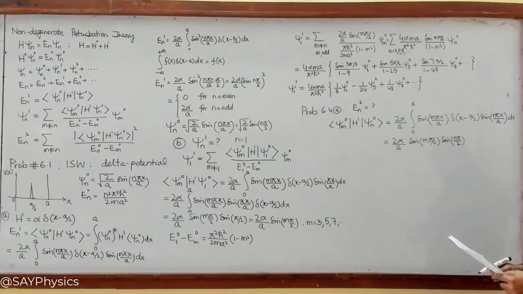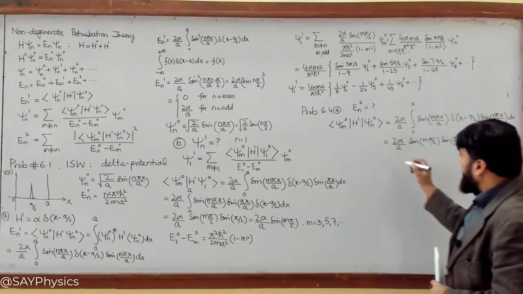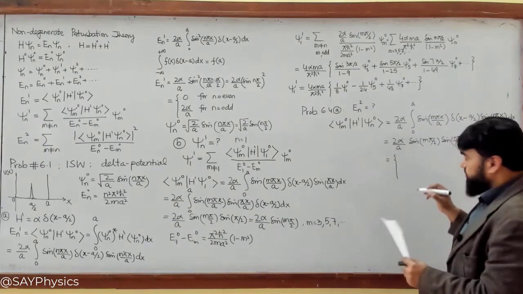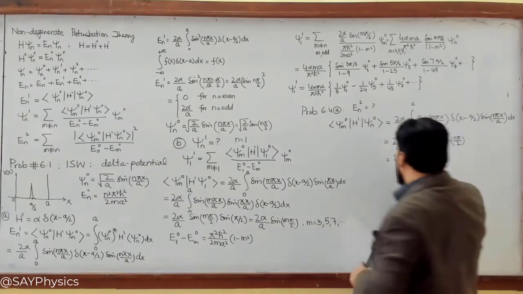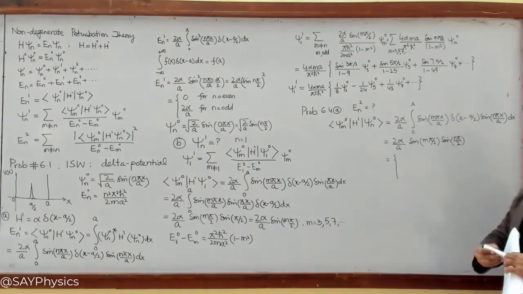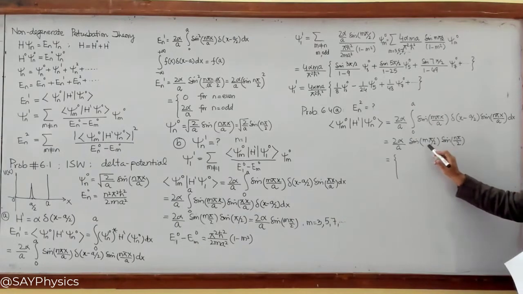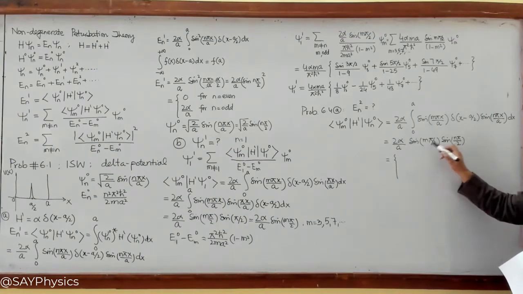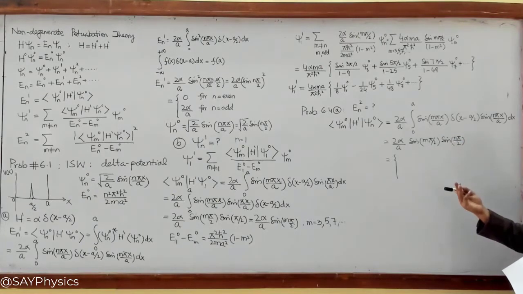And now we can put some restrictions on this. For example, if m is even, then this value will go to 0. If n is even, it will go to 0. If any of them is even, it will be 0.